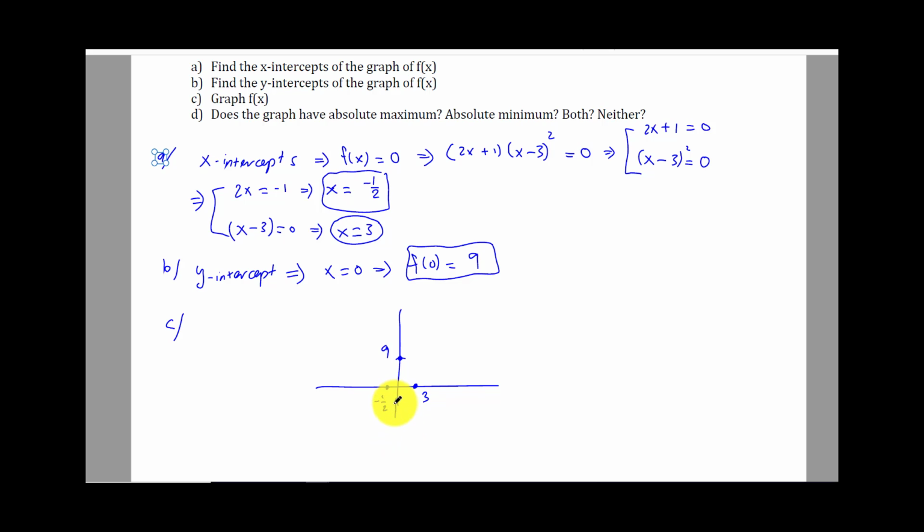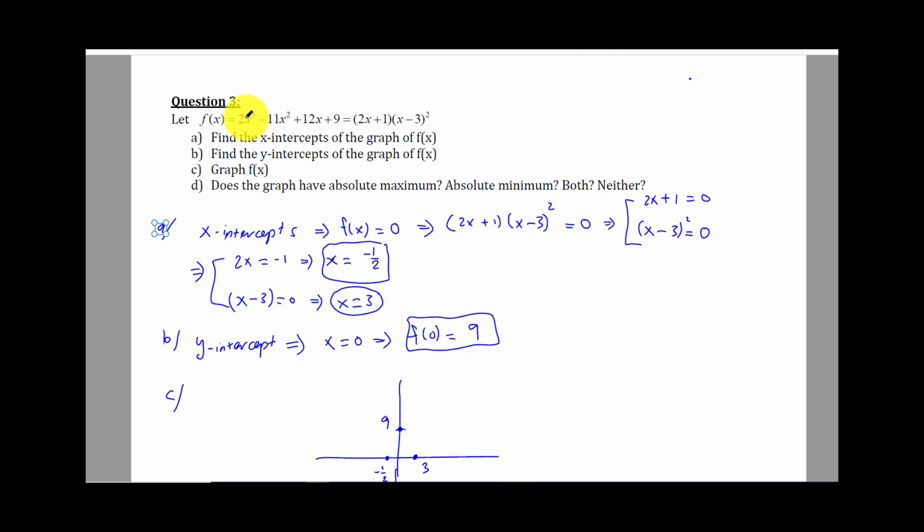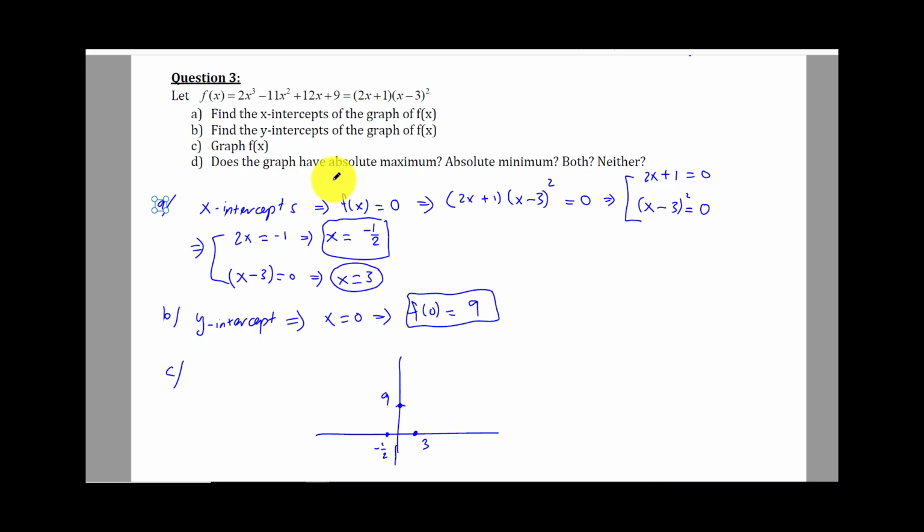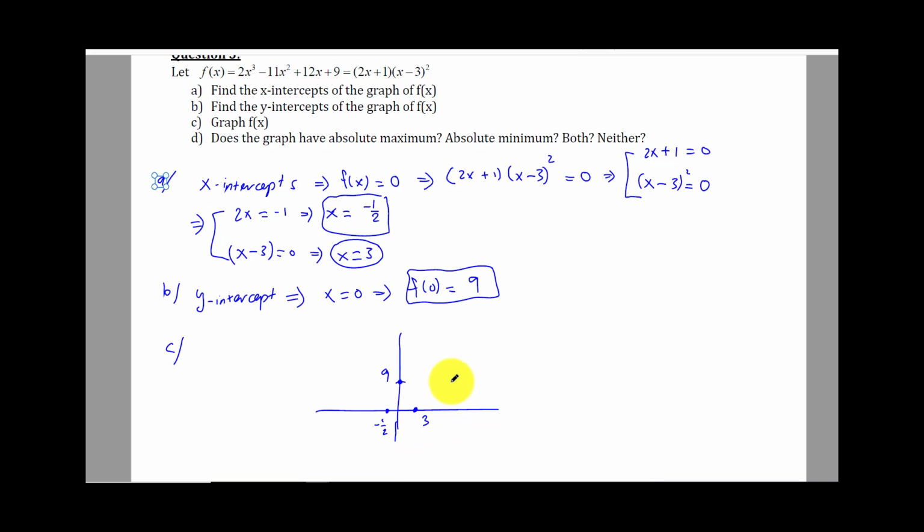Okay, so the next thing is, this is a polynomial of the 3rd degree. How do I know the end behavior? How do I know if the graph on the right-hand side here is going up or going down, or the one from the left is going up or going down? There's no way we can do that unless we test a few points, but that is more work.